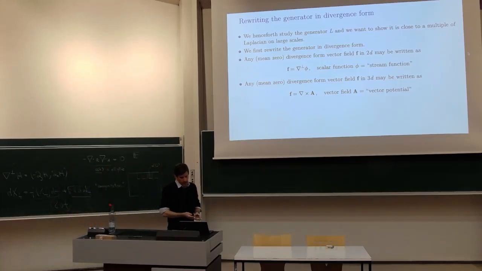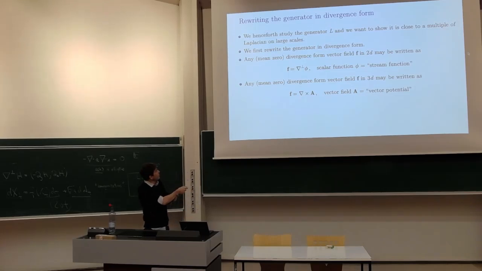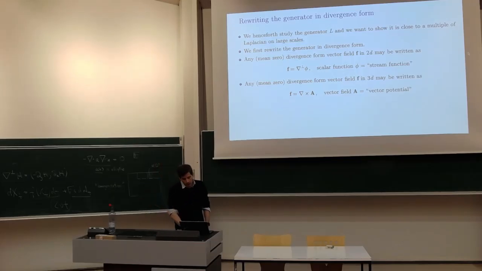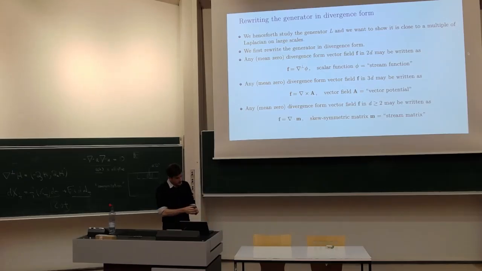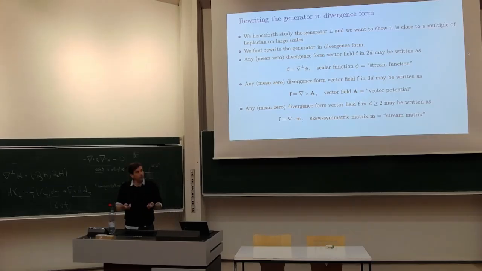In 3D, as you know from electromagnetism or whatever, if you have a divergence-free vector field, you can write it as the vector potential of some vector field. In arbitrary dimension, the correct thing to do is to say, and there's probably a more correct thing to do if you know about differential forms, but I stubbornly don't want to learn about that, if you have a divergence-free vector field, you can write it as the row divergence of a skew-symmetric matrix field.